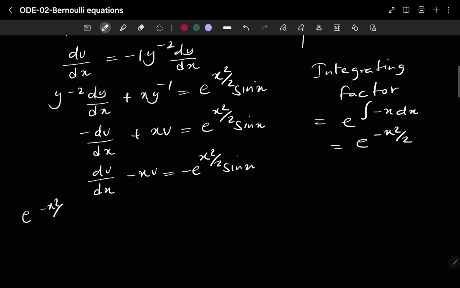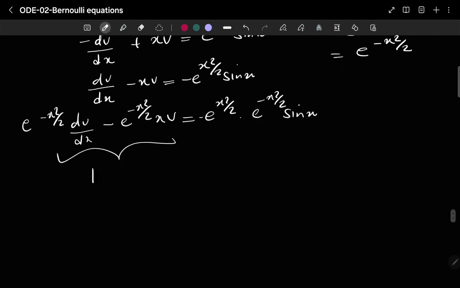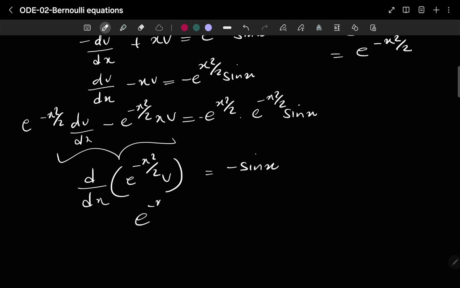Multiplying the whole equation by the integrating factor, we get e^(-x^2/2) dv/dx - e^(-x^2/2) xv = e^(x^2/2) e^(-x^2/2) sin x. The left side is the derivative of e^(-x^2/2) v, and on the right the exponentials cancel and we get -sin x. Integrating both sides, we get e^(-x^2/2) v = cos x + c, where c is an arbitrary constant.